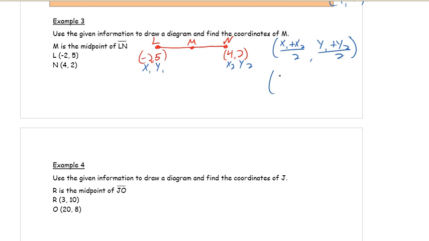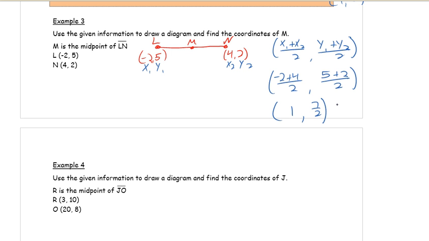Take x1, which is negative 2, plus x2 over 2, and take the average of our y's, 5 plus 2, over 2. Again, simplify, so we have negative 2 plus 4 is 2, 2 over 2 is 1. We have 5 plus 2 is 7, 7 over 2 has to stay like that. Again, leave them as fractions in geometry unless I say otherwise. So that's our midpoint, simple as that.